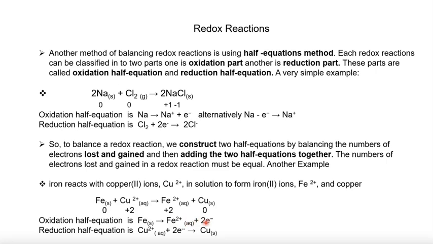It loses 2 electrons. In the reduction half equation, copper 2 ions gain these 2 electrons and become metallic copper. So these 2 electrons in the oxidation half reaction and these 2 electrons in the reduction half reaction cancel each other, and therefore we get this reaction: metallic iron, copper 2 ion, and then iron 2 ion, metallic copper.